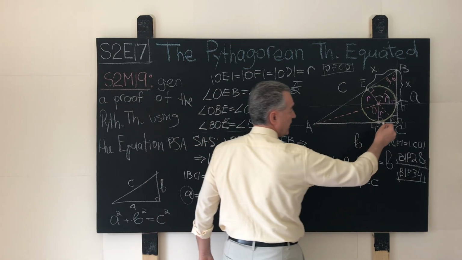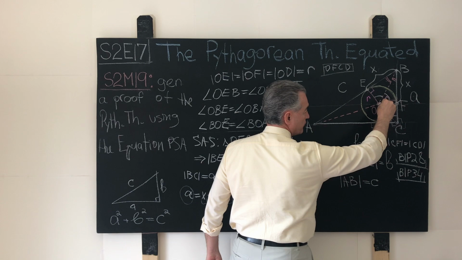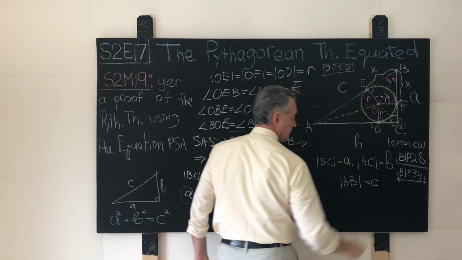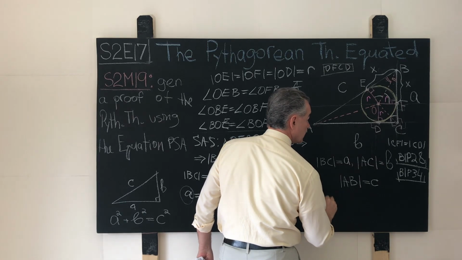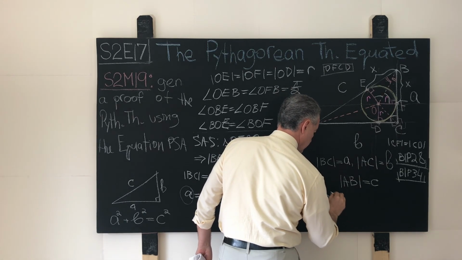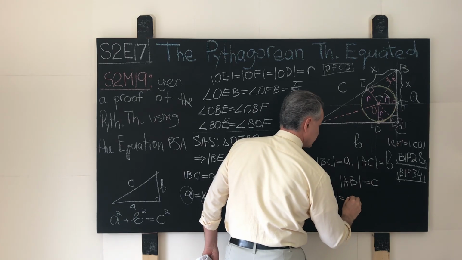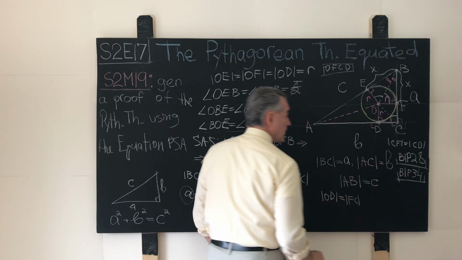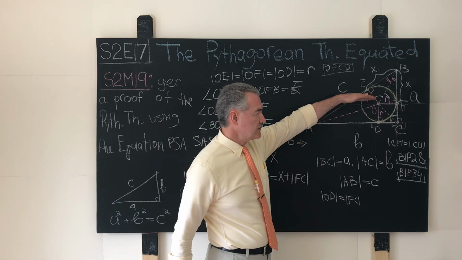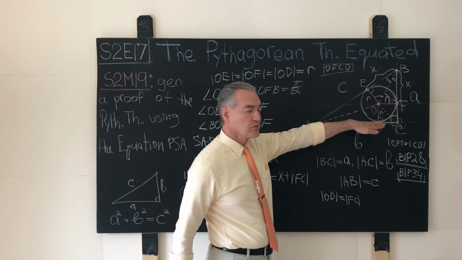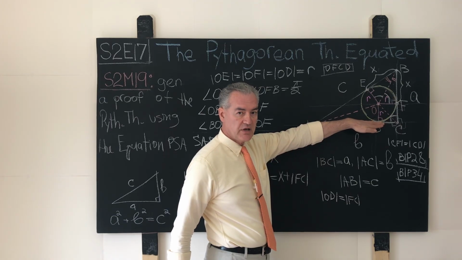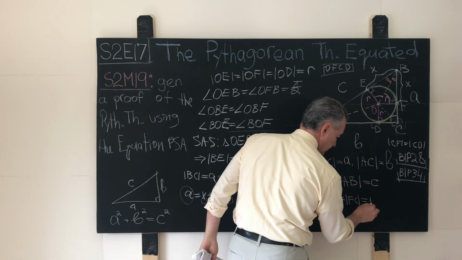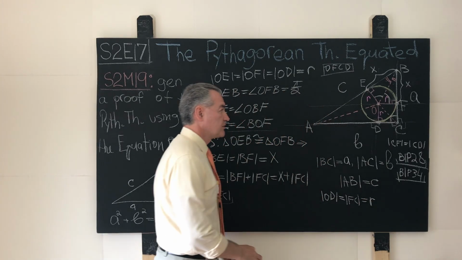In our case, the lengths of the line segments OD and FC must be equal. Let's write it down over here. The length OD is the same as the length FC. And since the length of the line segment OD is equal to the length of the inradius of the given triangle, we can write down that that length is r. This is one of our variables.